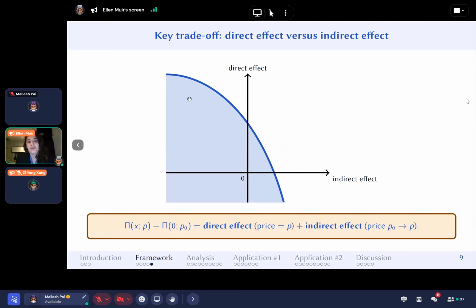And then naturally you want to work out where this Pareto frontier will end up being, so that for a given indirect effect, we're maximizing the direct effect and thereby maximizing the objective function of the designer. So essentially what we want to do is work out what combined direct and indirect effects are feasible, and then provide a characterization of this Pareto frontier, and then eventually work out what the optimal mechanism actually looks like.